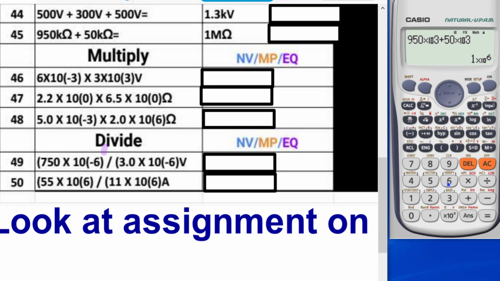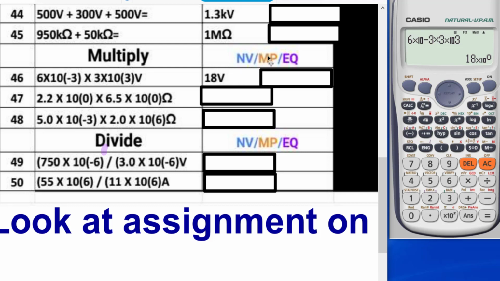So looking at my calculator, I'm going to go 6 times 10 to the negative, hit your negative button, to the third, times 3 times 10 to the third, giving me an answer of 18. If I hit engineering, it's 18 times 10 to the 0. I'm measuring volts. There is no metric prefix for this because it's times 10 to the 0. So my final answer is just 18 volts.